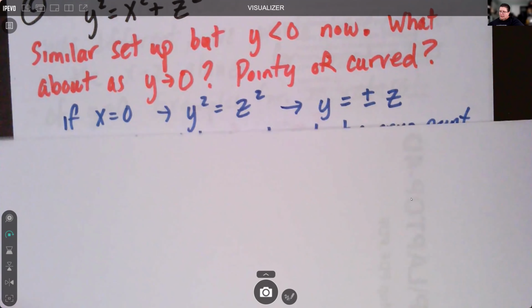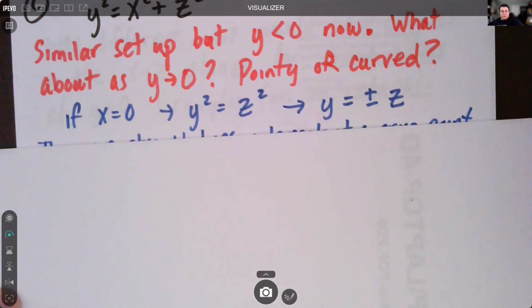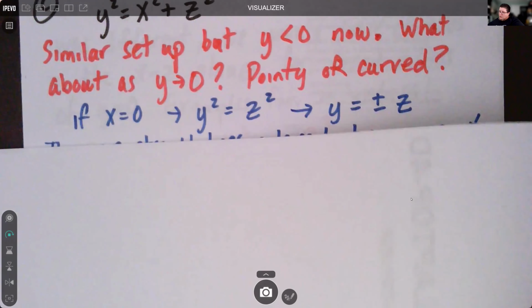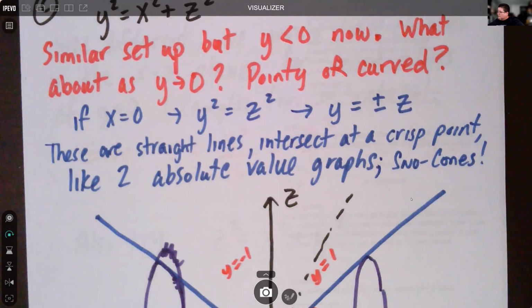When we do y equals 0 and x equals 0, we get y squared equals z squared, so y equals plus or minus z. These are two lines that cross in a point, so this is going to be a pointy value.